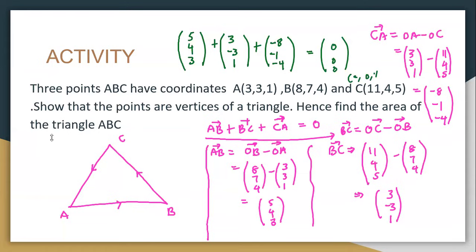Now you conclude that since AB plus BC plus CA is 0, therefore ABC are vertices of a triangle. And they told us to find the area of the triangle.